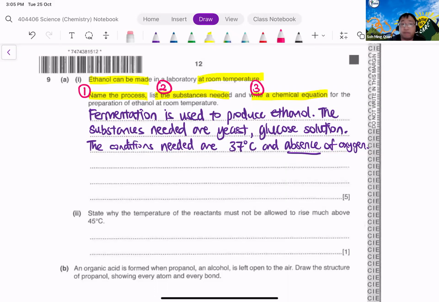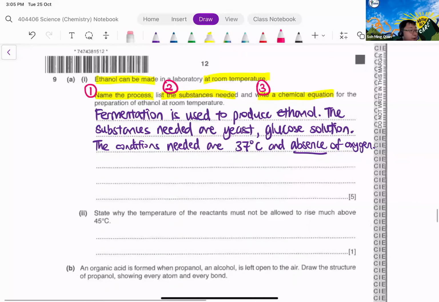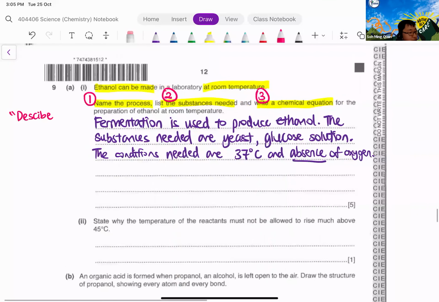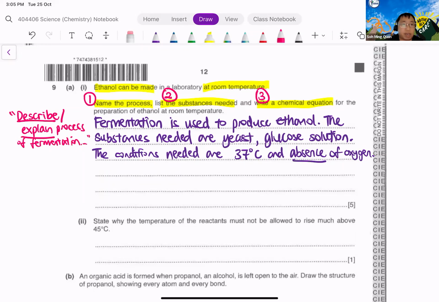When do you go on to elaborate? You elaborate when they ask you to describe or explain the process of fermentation. The keyword that you're looking out for is describe, explain. If they ask you to describe and explain, then yes, you must elaborate.